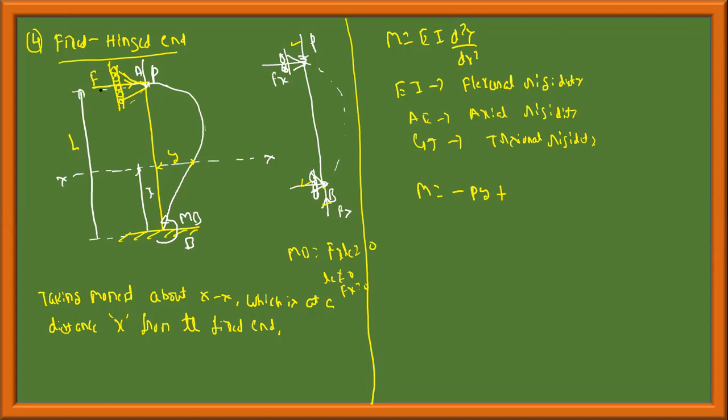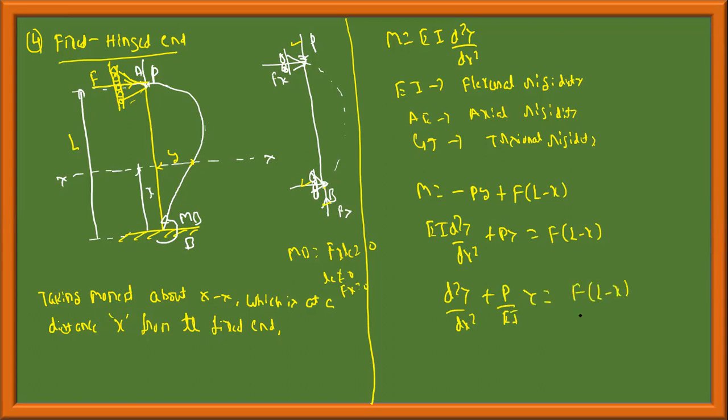So EI d square y by dx square plus Py is equal to F into L minus x, or d square y by dx square plus P by EI into y is equal to F into L minus x by EI.